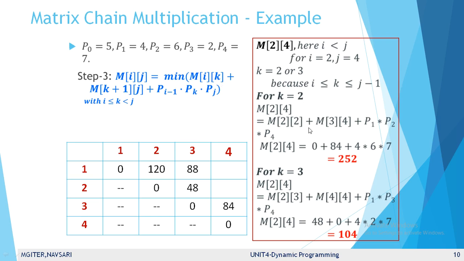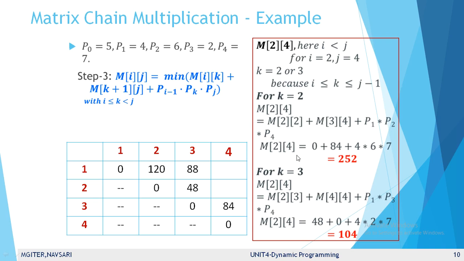So M of 2 2 plus M of k plus 1, 2 plus 1 is 3 and j is equal to 4, M of 3 4 plus P of i minus 1. The value of i is equal to 2, 2 minus 1 is 1. P of 1 into Pk, k is equal to 2, into Pj, j is equal to 4. So P1 into P2 into P4.